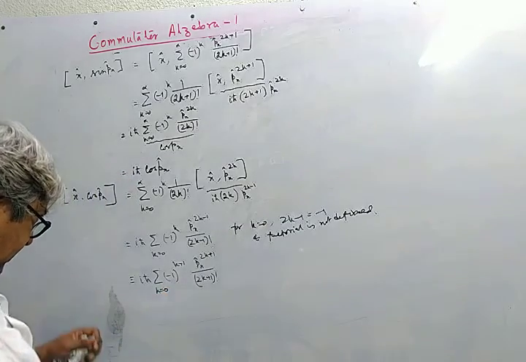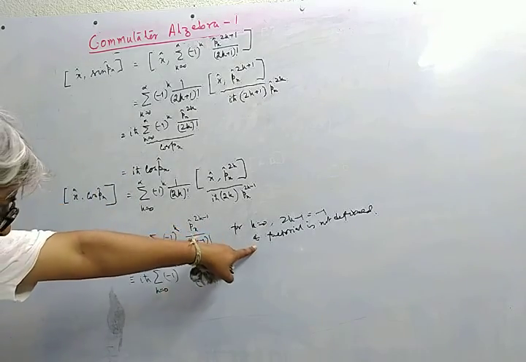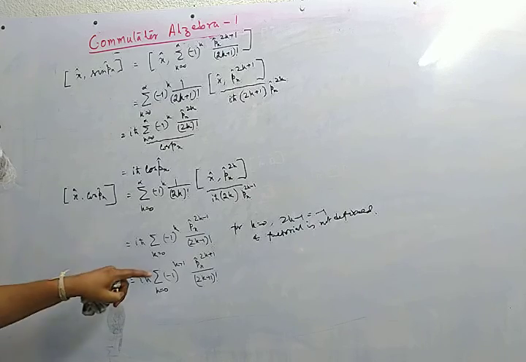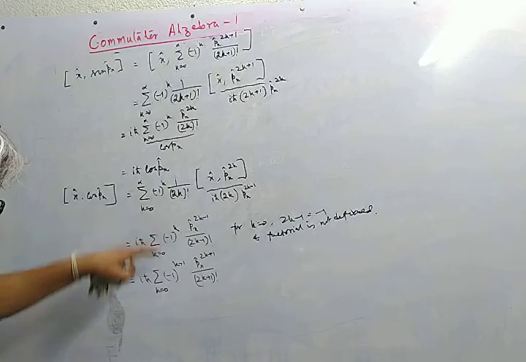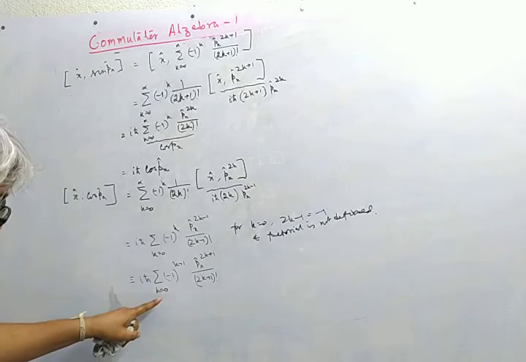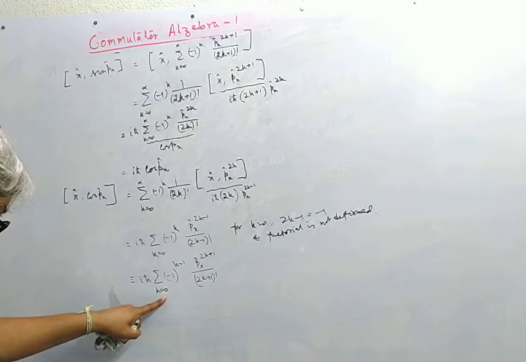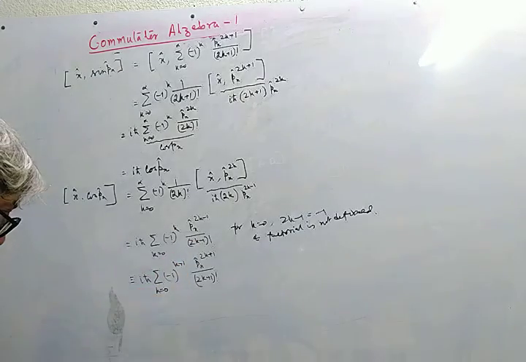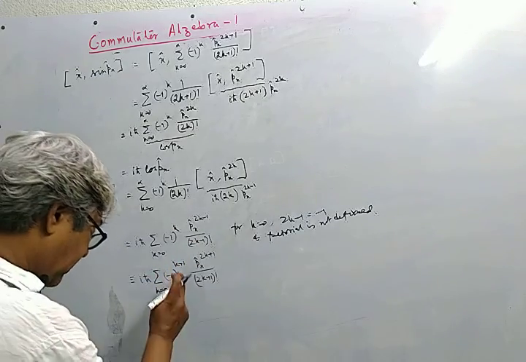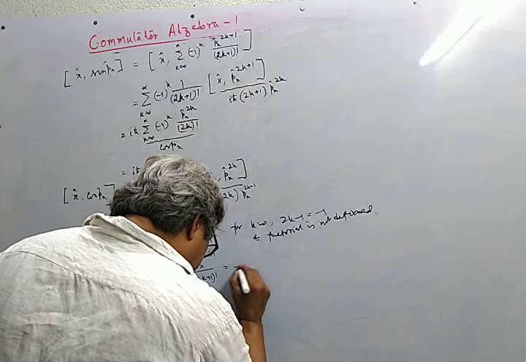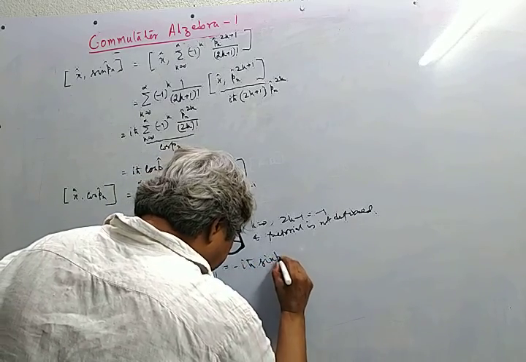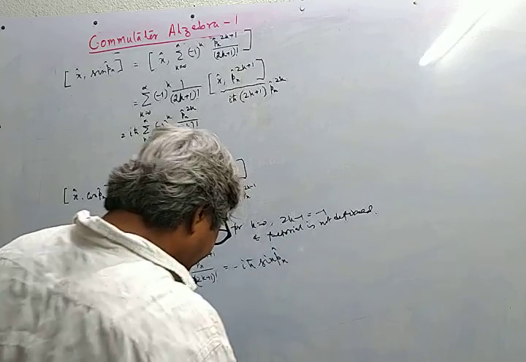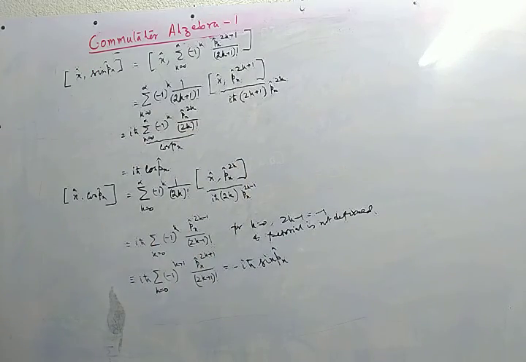One should start the sum with k equal to 1, which is equivalent to starting the sum again from k equal to 0 and replacing k by k plus 1. So this is the relation. And this is minus h cross sine of px operator, as we expected.